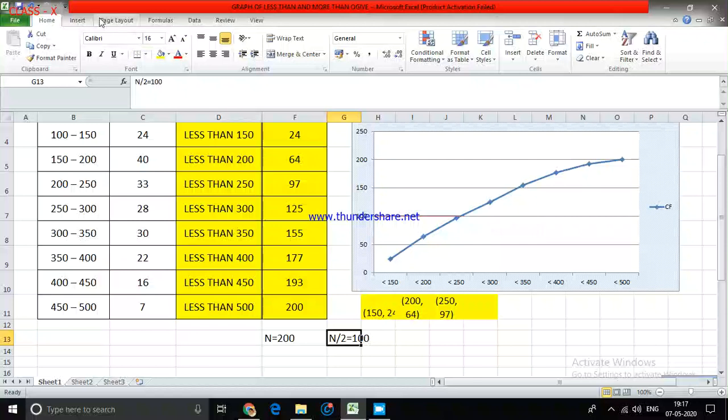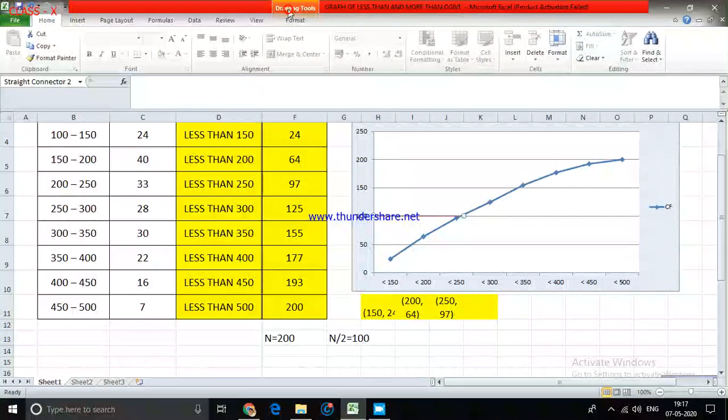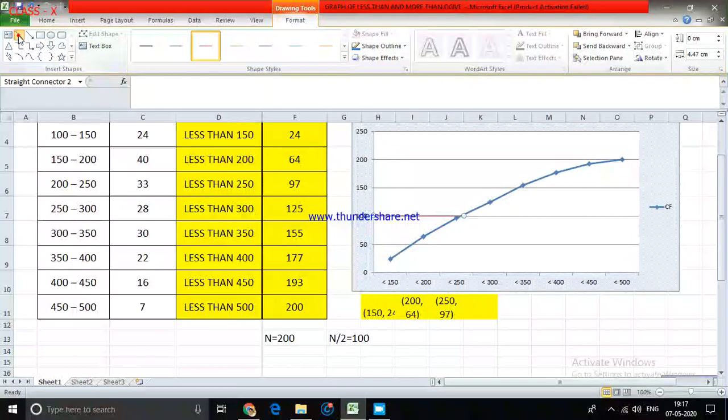After touching the graph, what you have to do is, again, you have to draw the line from this intersection point where the line coming from 100 is intersecting your graph. From that intersection point, you draw the straight line to the x-axis, perfectly to the x-axis.